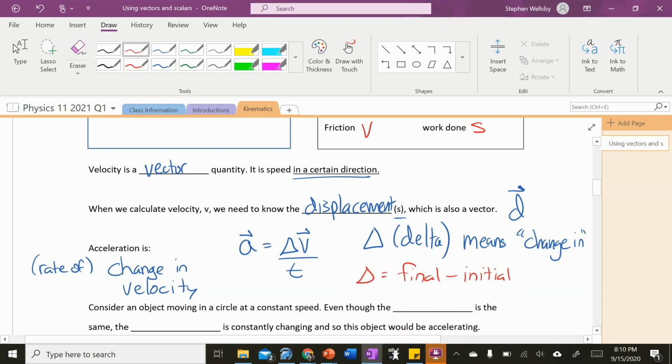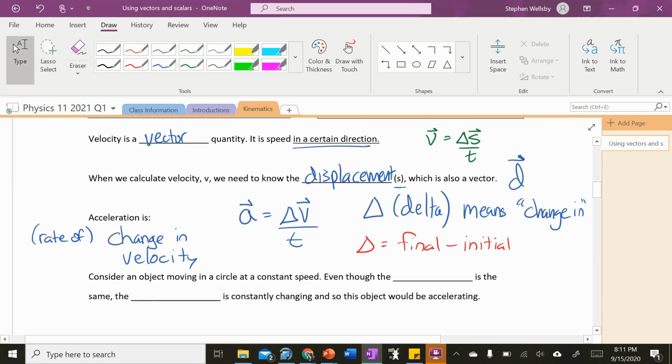So delta v is just v final minus v initial, your final velocity minus your initial velocity. If we were referring up here to velocity, we could say velocity is the change in displacement divided by time, so the final position minus the initial position, divided by time.